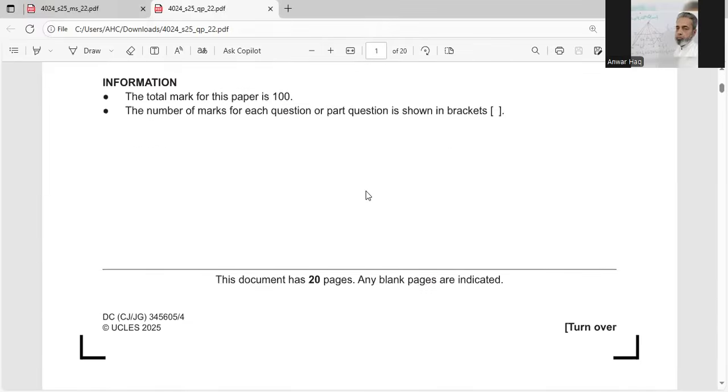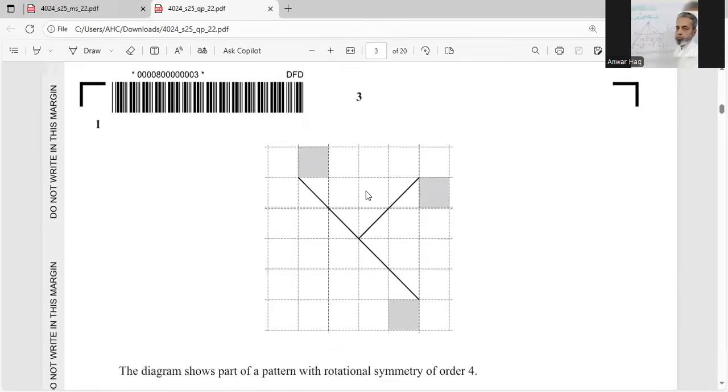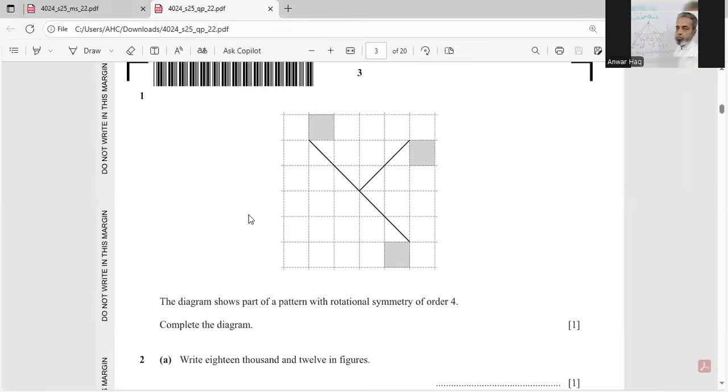Question 1. In this, he has given the diagram showing a part of the pattern with rotational symmetry of order 2 to order 4.